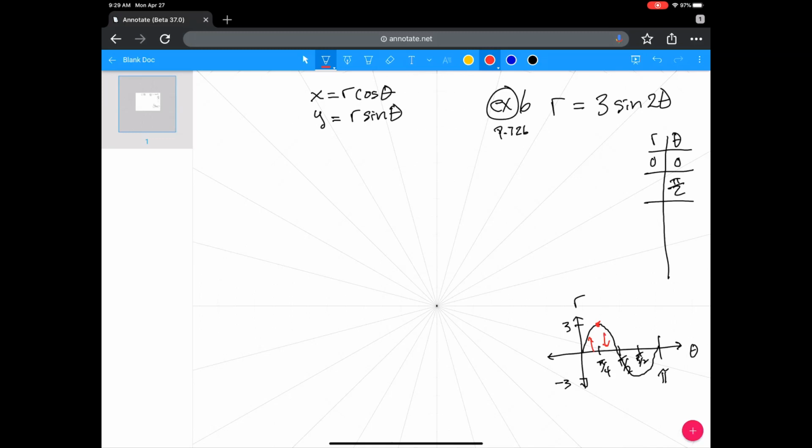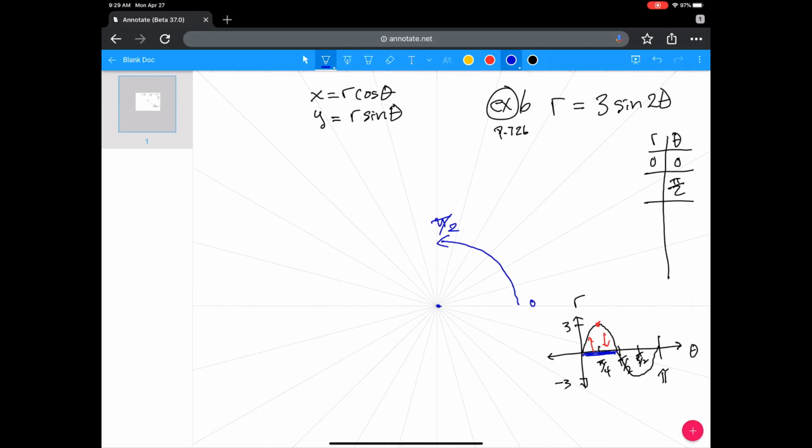And so what that means in terms of my graph is that as my angle goes from 0 to pi over 2, so as theta is going from 0 to pi over 2 in this range here, then my r value should go from where it started at 0 out to 3, which it will hit at pi over 4.